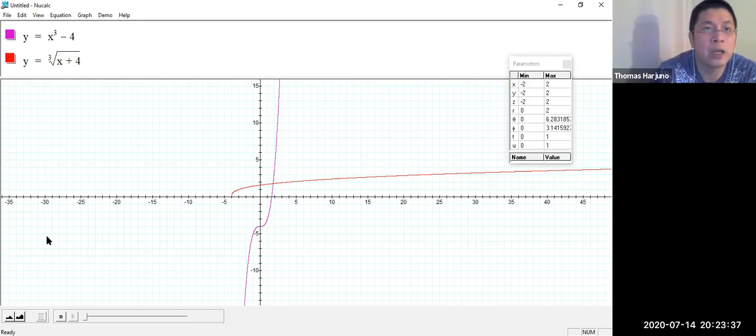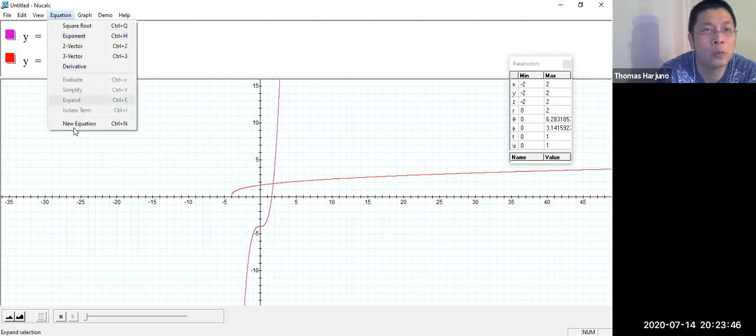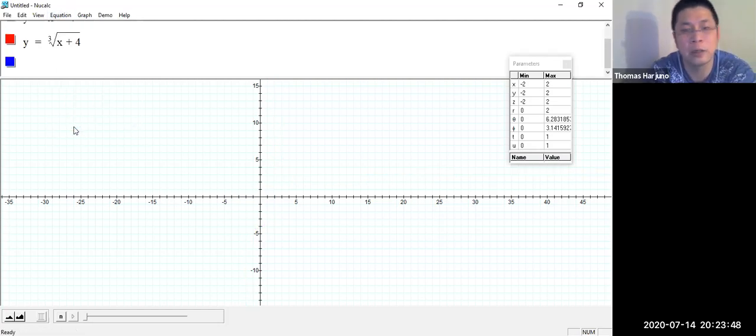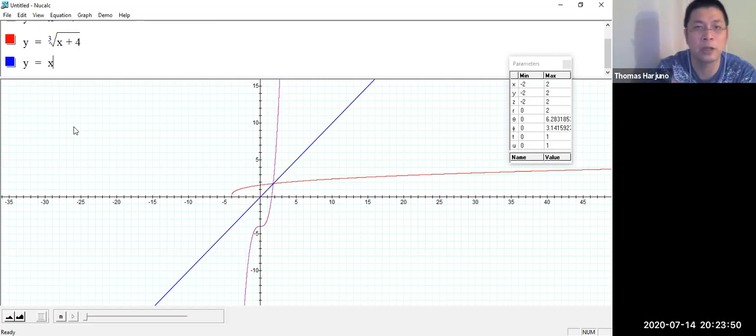But you see that whatever the graph that we see between the purple and the red one, if I go on with a new graph, notice that that's basically the reflection with respect to this line here. So the purple color, when you reflect that, you will get the red one.